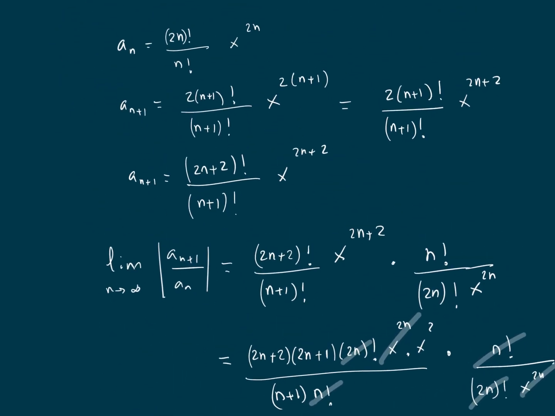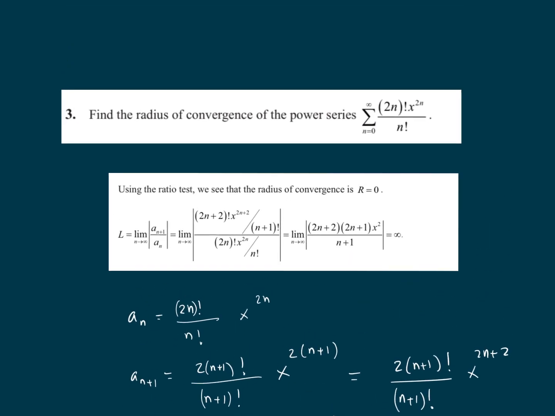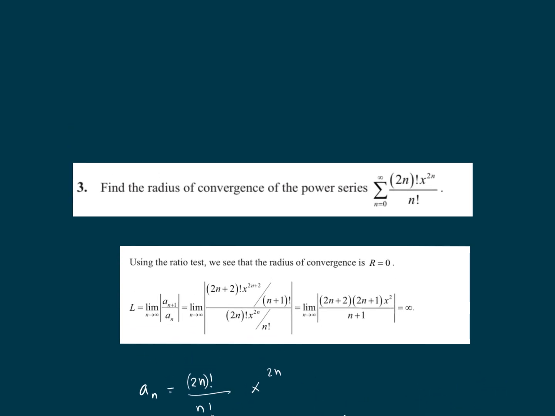Why? Because if you plug in x equals 0 in the summation, where will it converge? If you plug in x equals 0, it will be 0 raised to the 2n, which is 0. n factorial is 1. So when n equals 0 it is 0. When x equals 0, let's write a few terms of this series to realize.